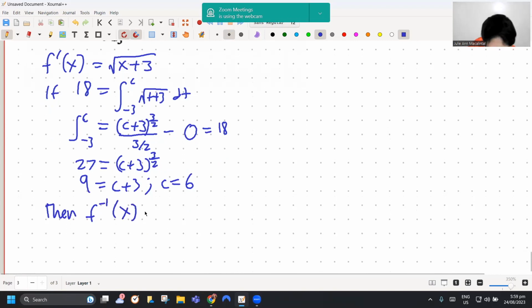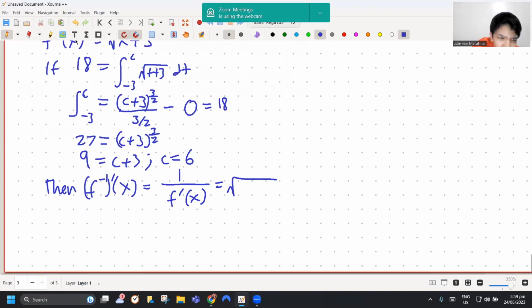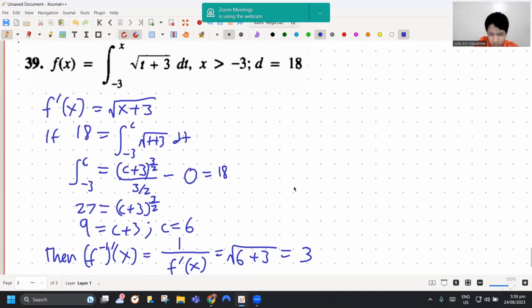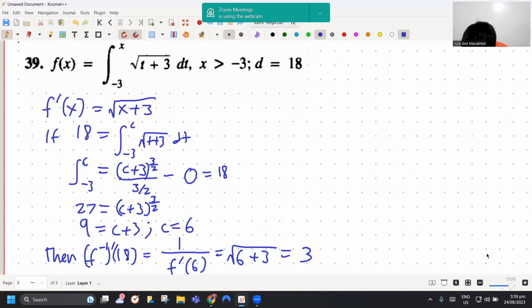Okay. And the derivative: so f inverse prime evaluated at 18. Teka, ano ba yung f prime of 6?